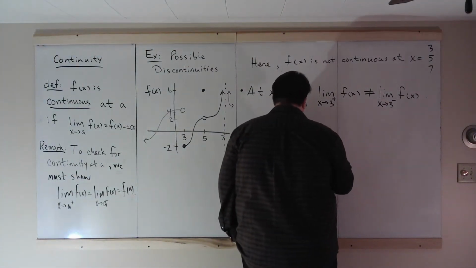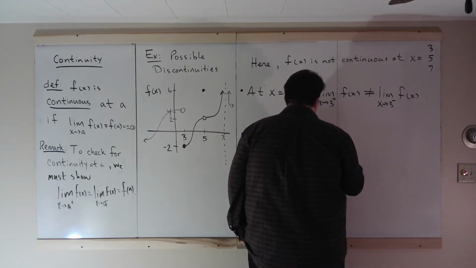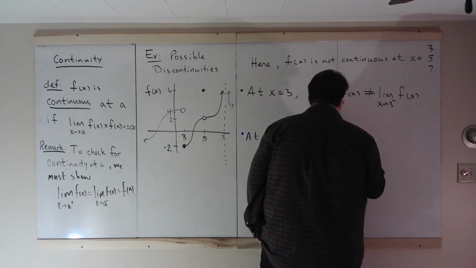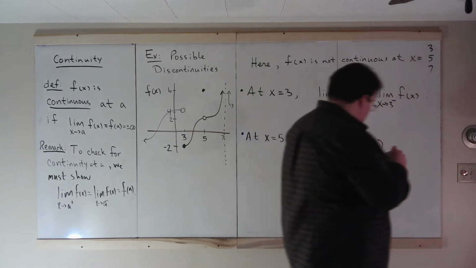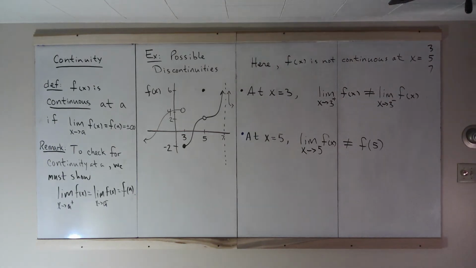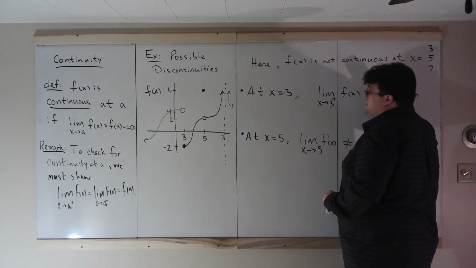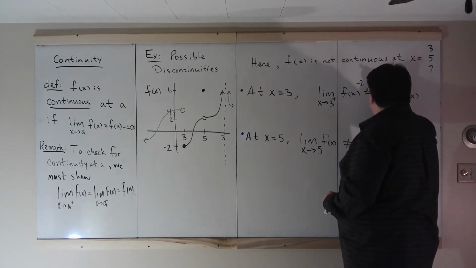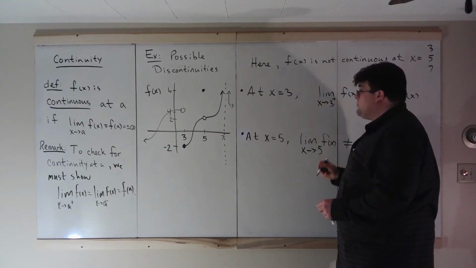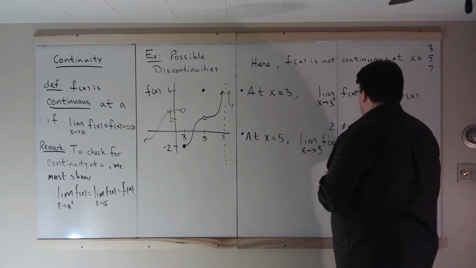So the limit equals 2, but the function f of 5 equals 6. So at x equals 5, the limit as x approaches 5 of f of x does not equal f of 5. Maybe I will just write the numbers up here, with the other color. From the right we have -2, and from the left we have 4.